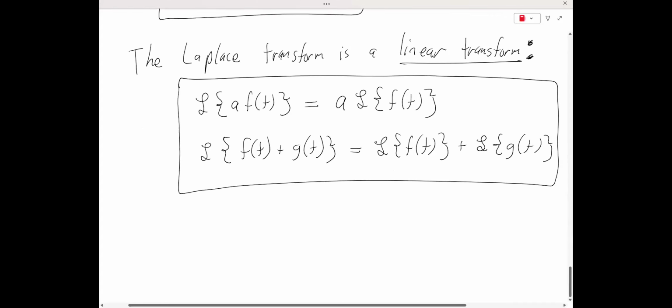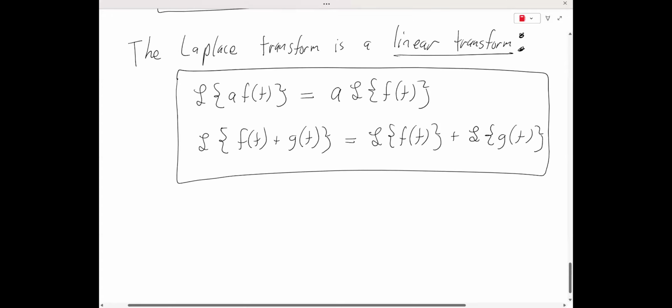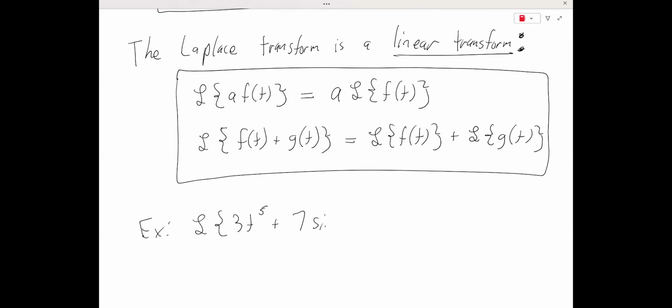Okay, so for example, let me give you a couple examples there. Let's see if I find the Laplace of 3t to the fifth plus 7 sine of 2t.